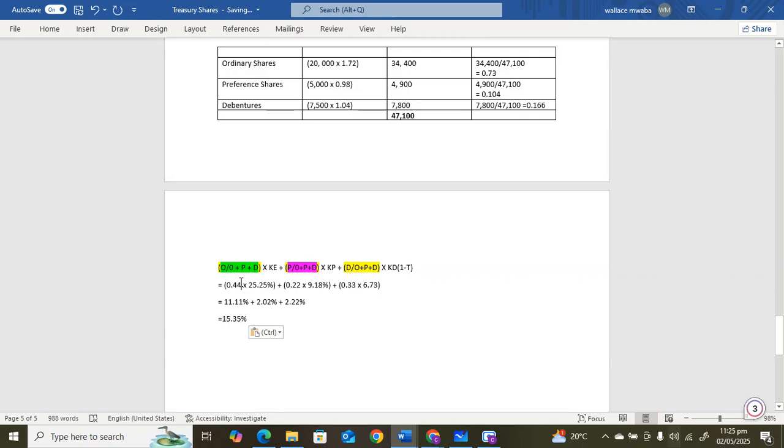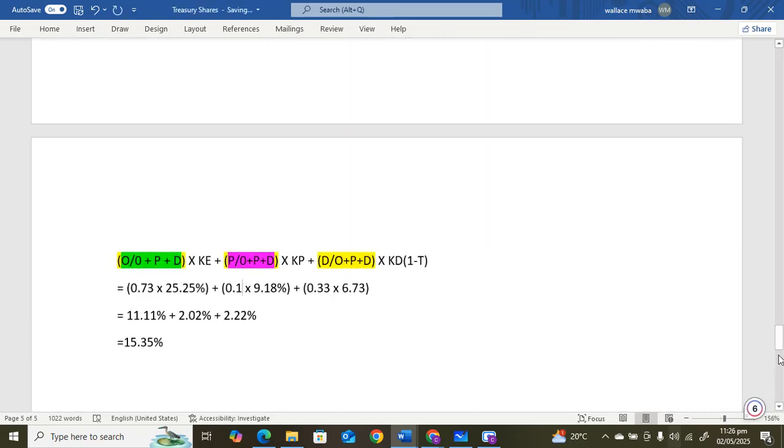So for ordinary shares, 0.73. For preference shares, we're just changing the weightages, but everything else will stay the same. Preference shares 0.104, debt 0.166. Let's get our new values. So 0.73 times 25.25.